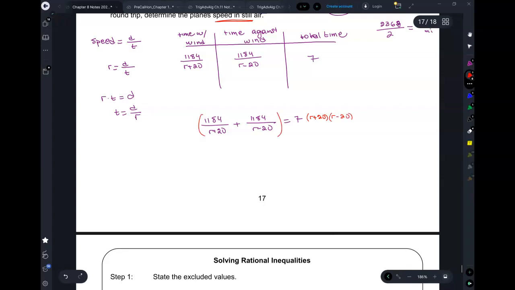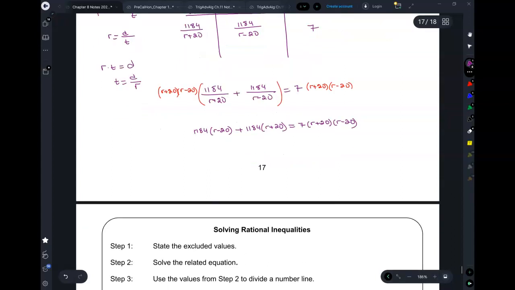So here we're going to multiply R plus 20, R minus 20. Okay, so what are we going to get? 1184 times R minus 20, plus 1184 times R plus 20 is equal to 7 times R plus 20 times R minus 20.